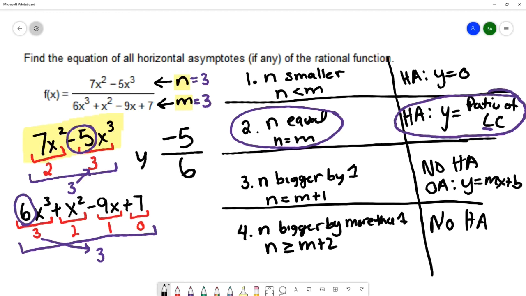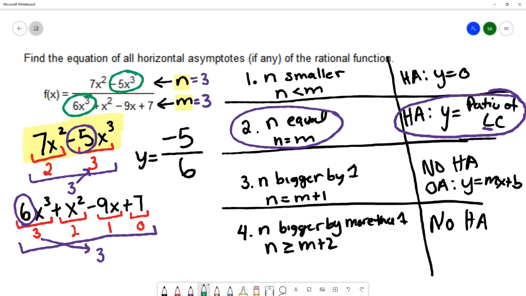And the line y equals -5/6 is the horizontal asymptote for this expression. So just to go back to the original for a second, this is the highest degree term from the numerator, and this is the highest degree term from the denominator. We're going to use the ratio of those coefficients.